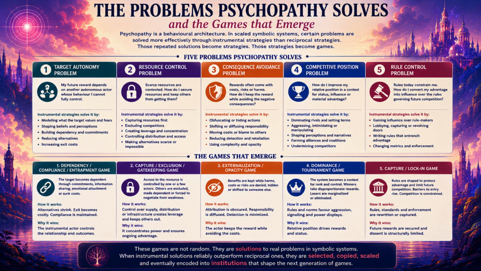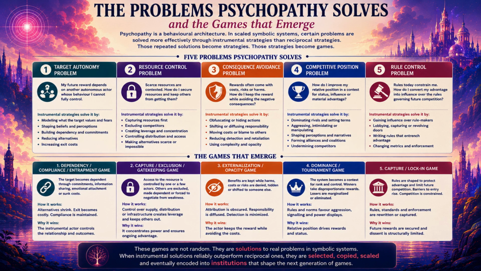If those strategies work repeatedly, the result is no longer just successful manipulation of another person. The relationship itself changes. The target has fewer realistic alternatives and more to lose from leaving the relationship. That is how a dependency, compliance, or entrapment game emerges.